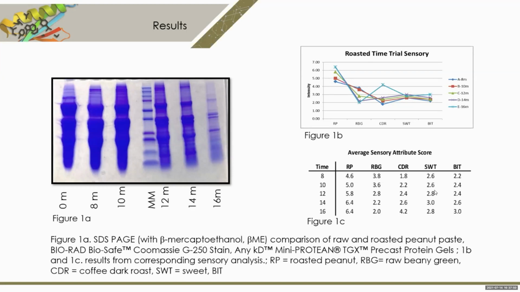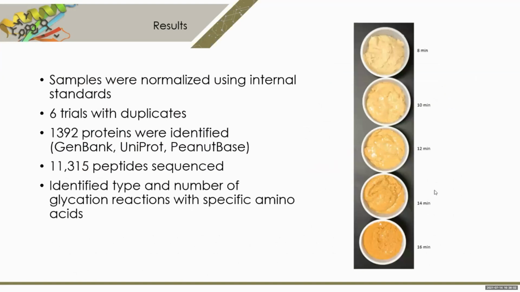The sensory checkpoint ensures that we are capturing samples from the critical portions of the roasting process, including under roast, target, and dark roast. On the right-hand side is a picture of the representative samples sent for proteomic analysis, depicting the color development during the roasting process. At the top would be 8 minutes, and then increasing roasting as you go down.